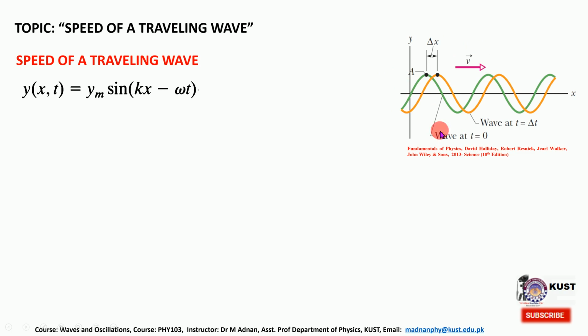For example, the first one, the green one, is taken at t equal to 0, and after an interval delta t, we take another snapshot, such that a random point, marked on the first string as A, has the same transverse displacement in the second snapshot.